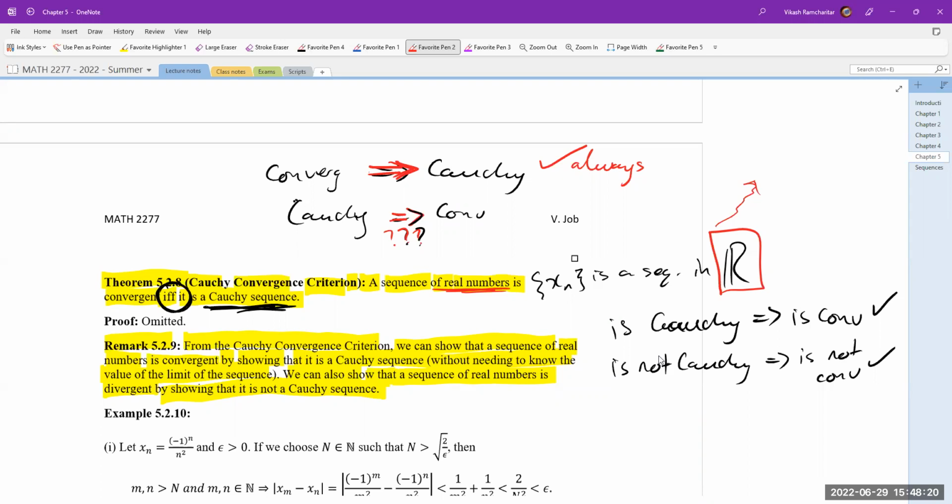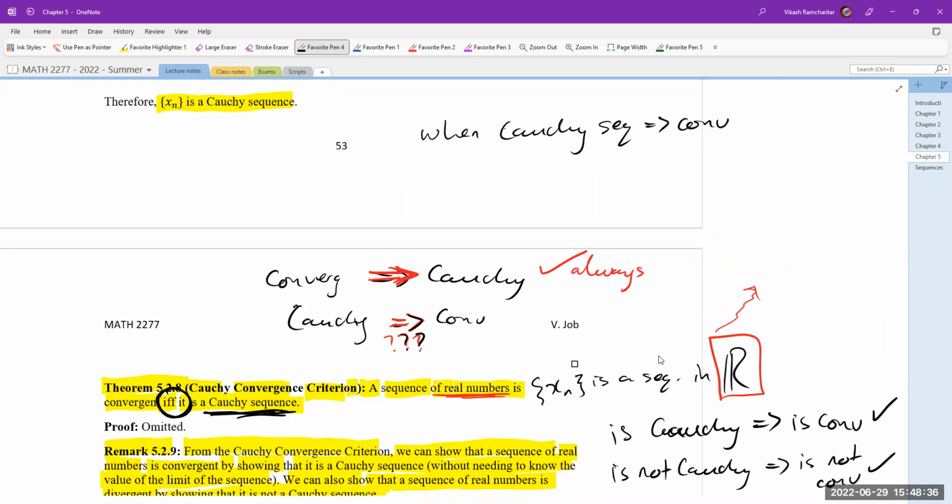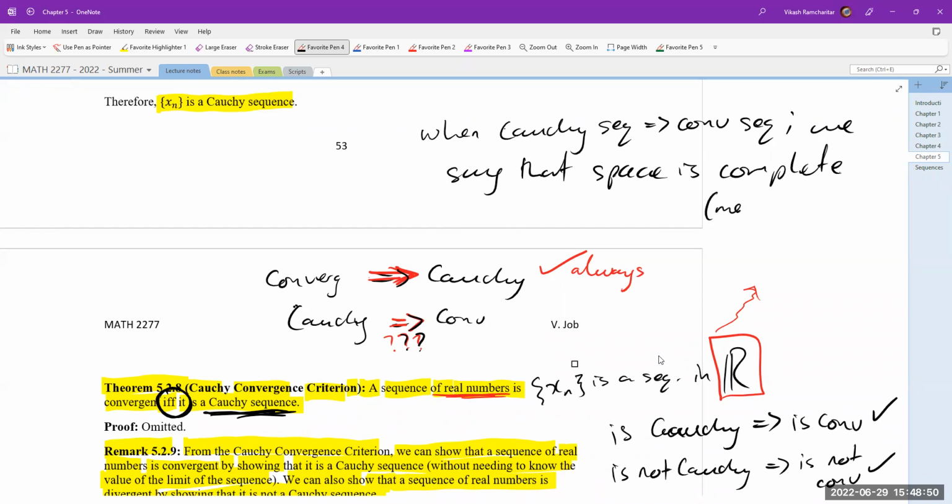Okay, and we have a special name for spaces for this. When Cauchy sequences imply convergent sequences, we say that the space is complete. Okay, or sometimes we say it's a complete metric space.